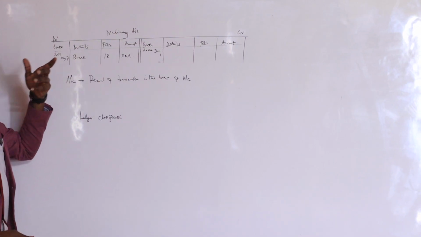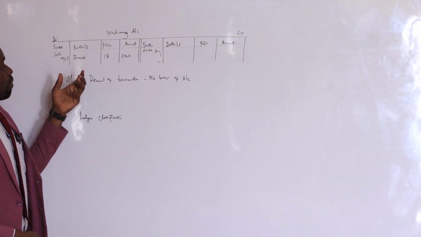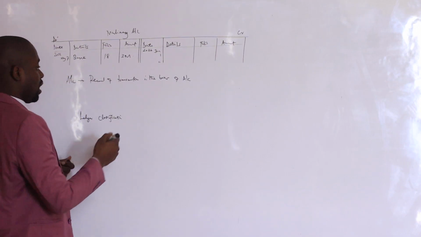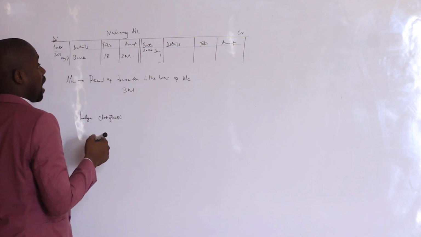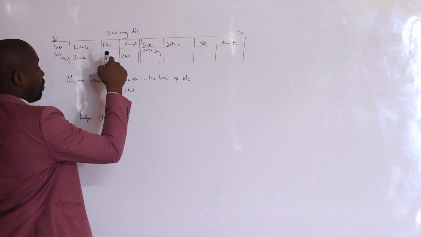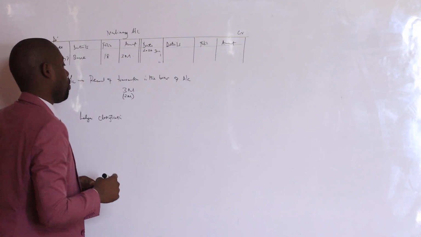They normally appear in form of statements where a plus is a figure without bracket, like 3 million. If I'm deducting anything from this account, like let's say 2M, it will appear in brackets.